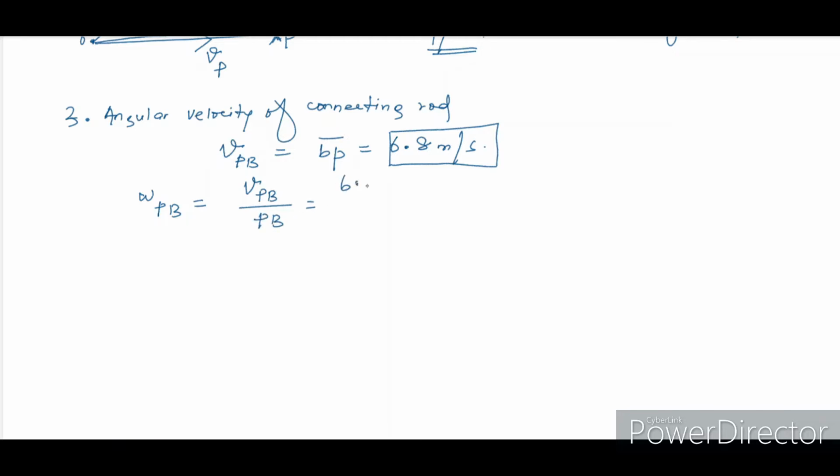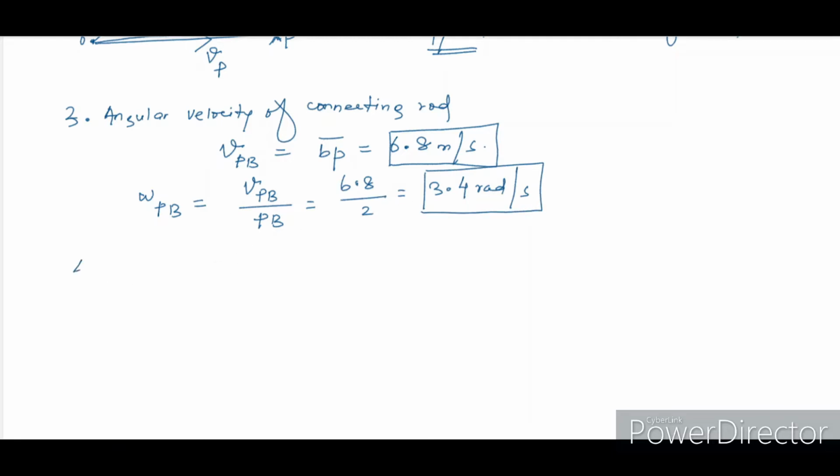So 6.8 divided by 2. So it is 3.4 radian per second. Okay, it is omega PB.